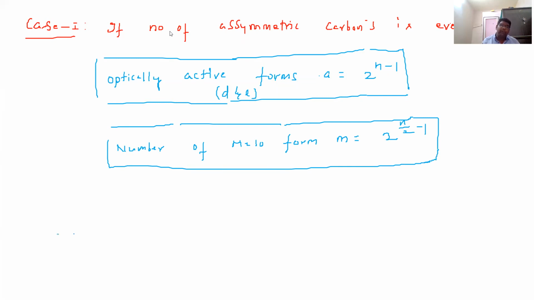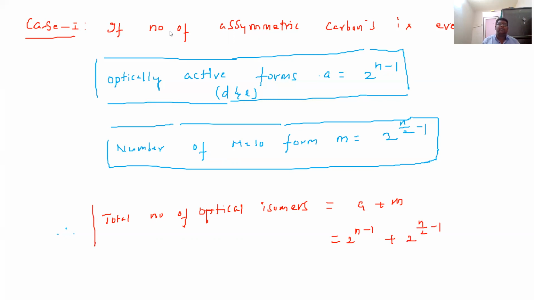So therefore, the total number of optical isomers is equal to A plus M. That is equal to 2 power n minus 1 plus 2 power n by 2 minus 1.